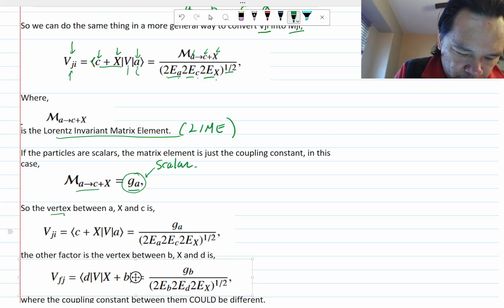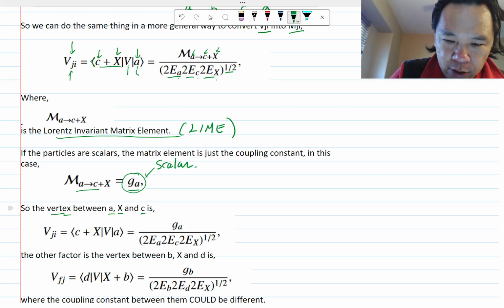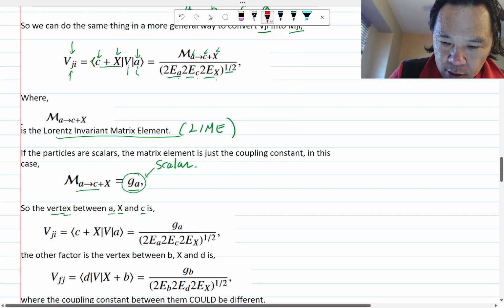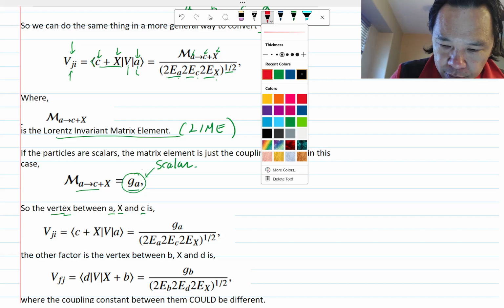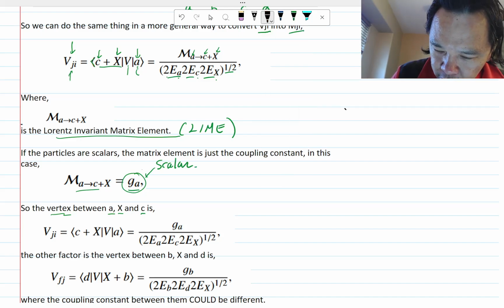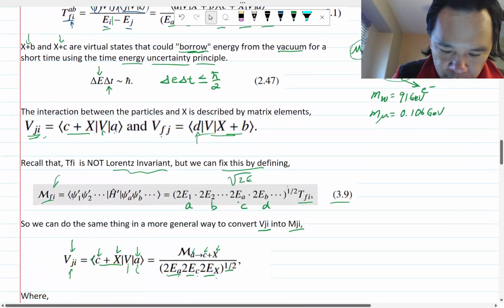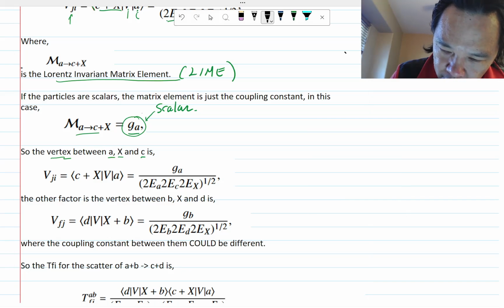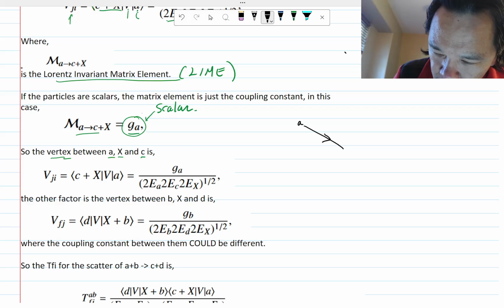So for the vertex between A, X, and C, let me redraw this down here so that we see this. Where the interaction is, you have the A's on top. You have some A particle coming in, some particle with some A momentum coming in, and it's spitting off some X particle.